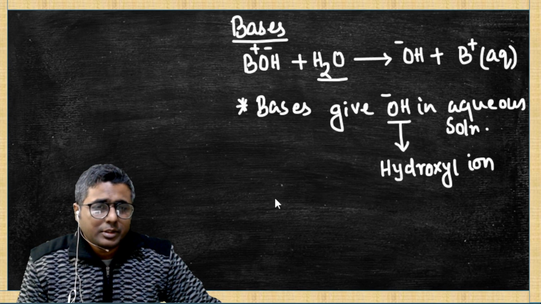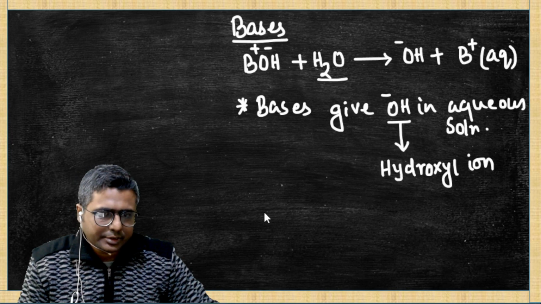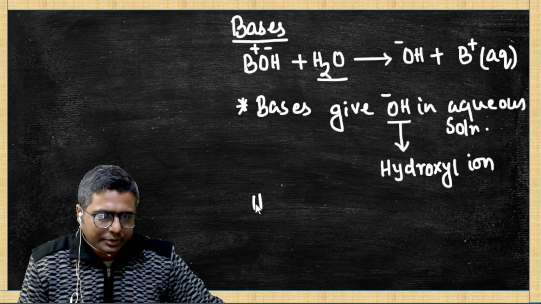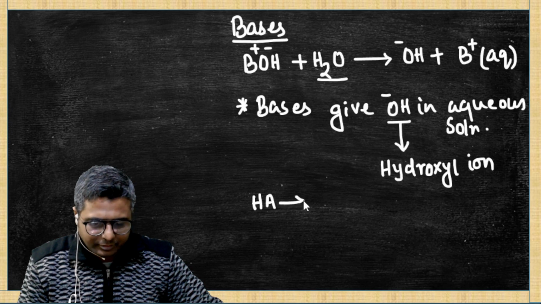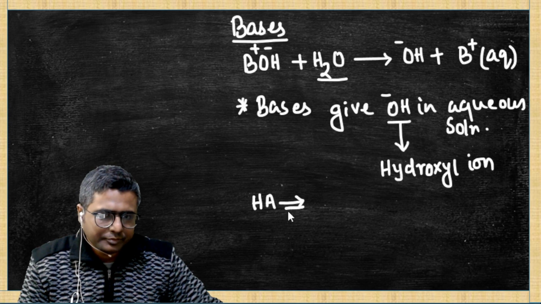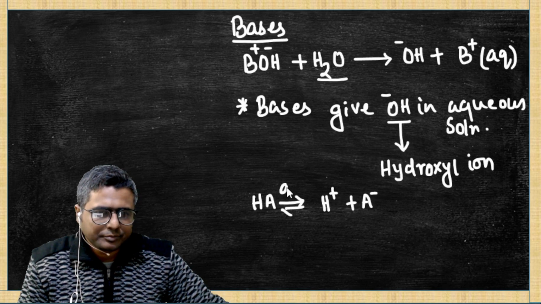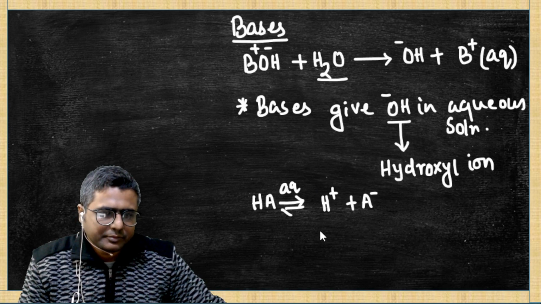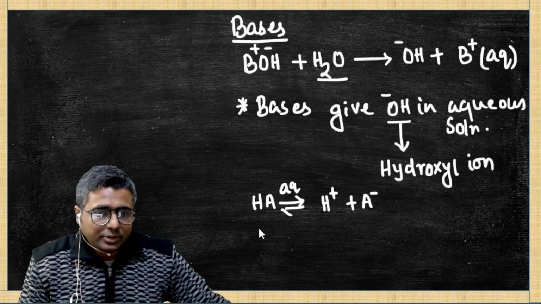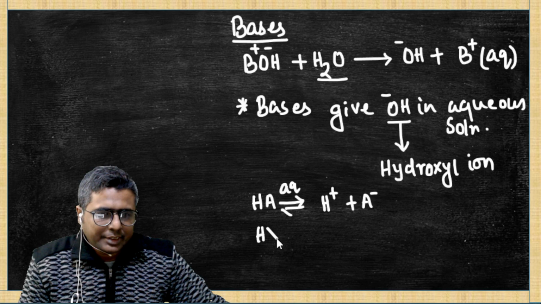Now based on amount of dissociation, that is, suppose I have an acid which gives H plus plus A minus in aqueous solution. Another acid is also there, say I am naming it as HX.